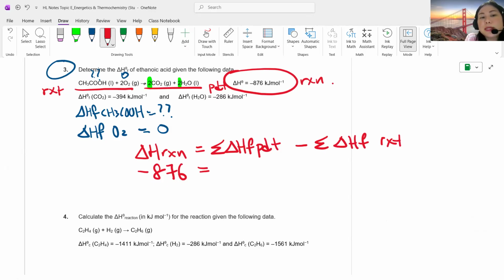The product is 2 carbon dioxide. Each carbon dioxide is minus 394, so I need 2 times minus 394 for carbon dioxide. The product also has water, so I need to sum up the water also. There are 2 water, and every water is minus 286, so plus 2 times minus 286. And that's my product.